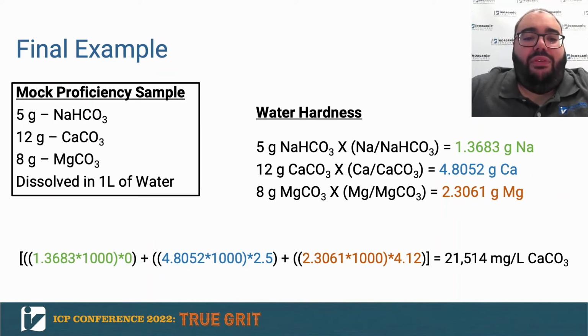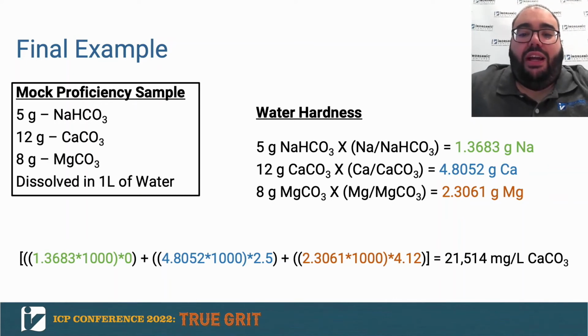In this example, our proficiency sample is going to be 5 grams of sodium bicarbonate, 12 grams of calcium carbonate, and 8 grams of magnesium carbonate, all dissolved in 1 liter of water. If we go through and do our calculations, as you'll see on the right-hand side, the sodium bicarbonate will give us about 1.3 grams of sodium.